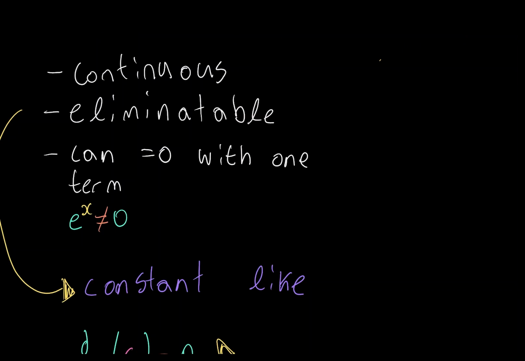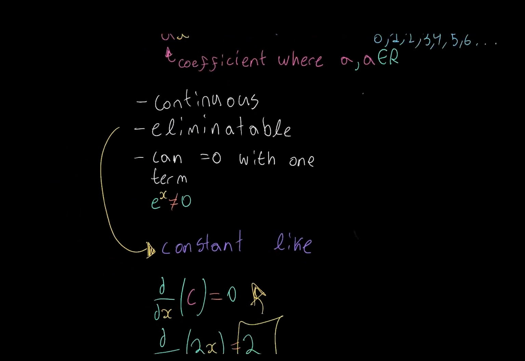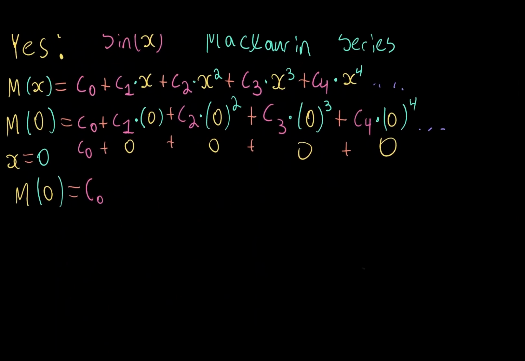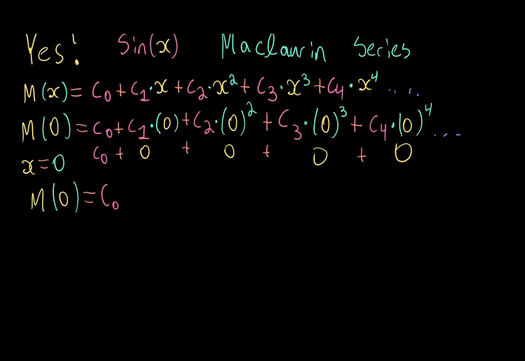If each term was an exponential, like e to the x or 2 to the power of x, then setting x to 0 would give 1. There's no way for any exponential to equal 0 without using limits. So that's one of the special things about polynomials, and that's why they're used in Maclaurin series and Taylor series. That's pretty important.